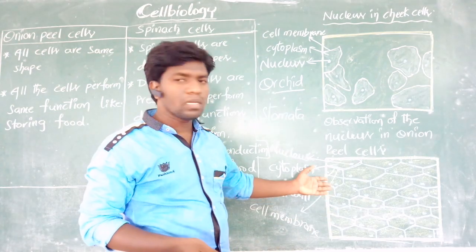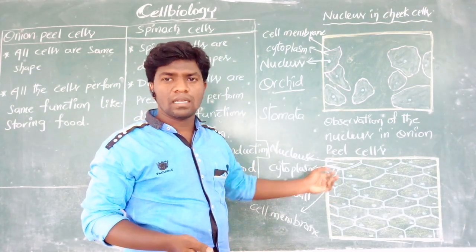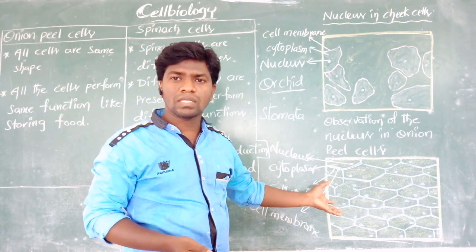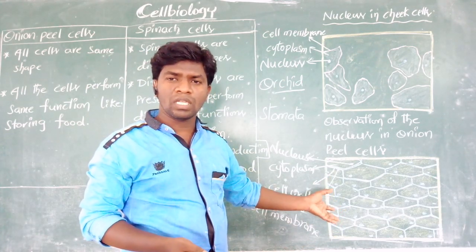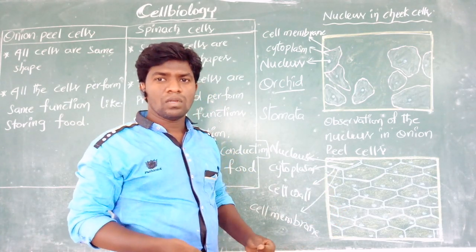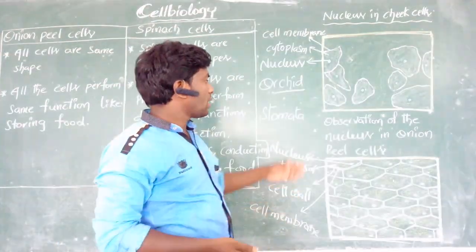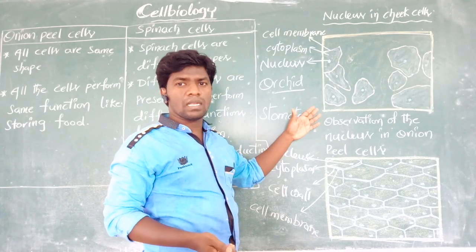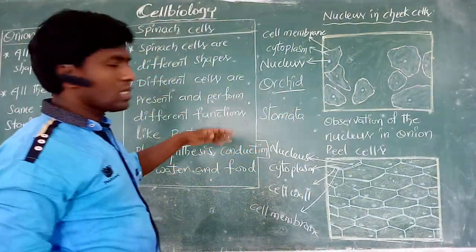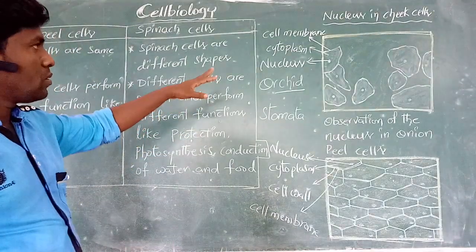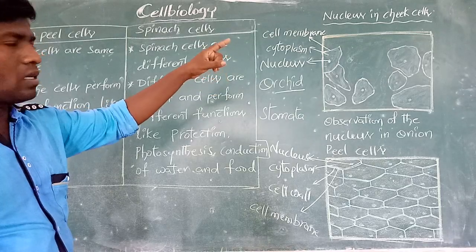The cell wall protects the cell and gives strength and rigidity to the cell. So these are the differences between plant cell and animal cell. Observe clearly the nucleus in human cheek cells.